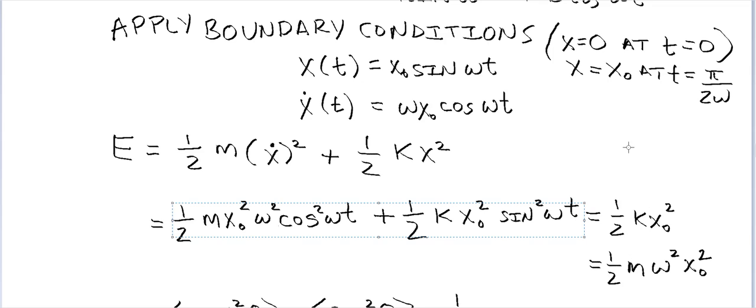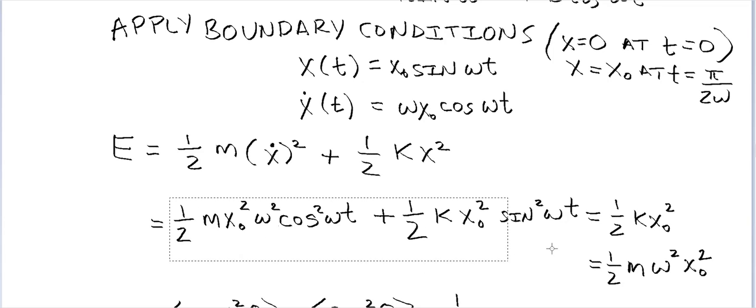Note that since we have cosine squared plus sine squared, we're able to simplify this as half k x naught squared, because remember omega is radical k over m, so omega squared is k over m.